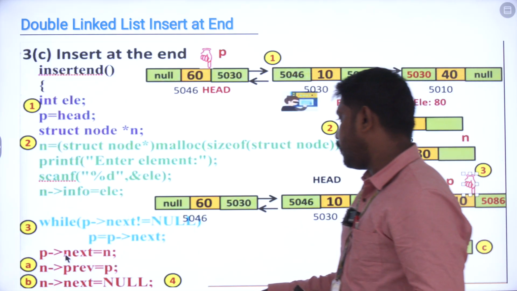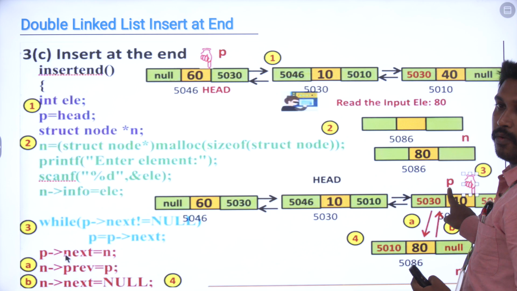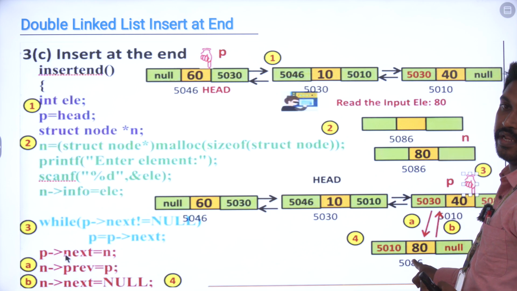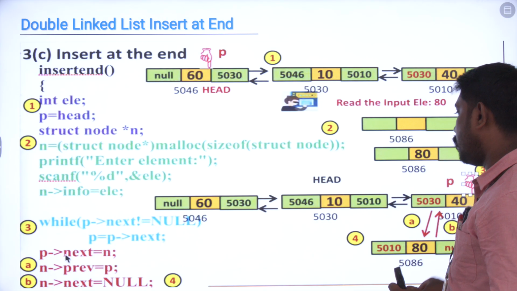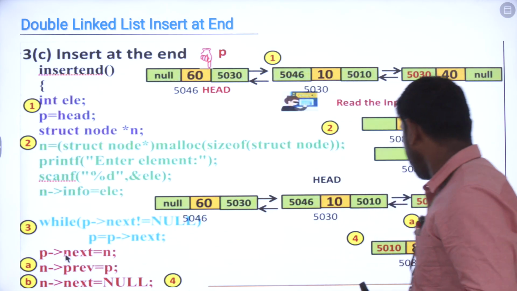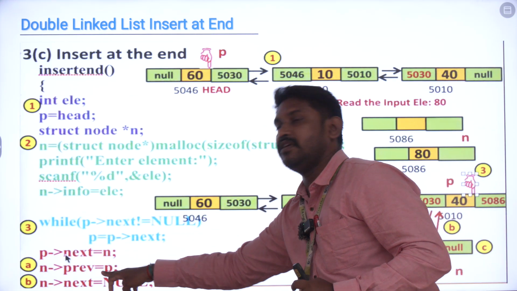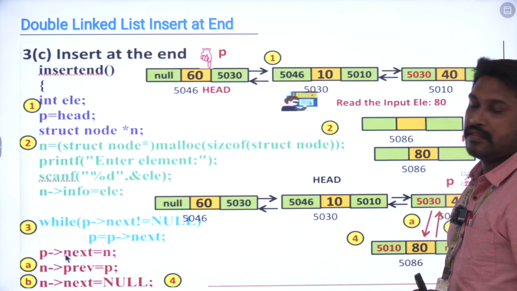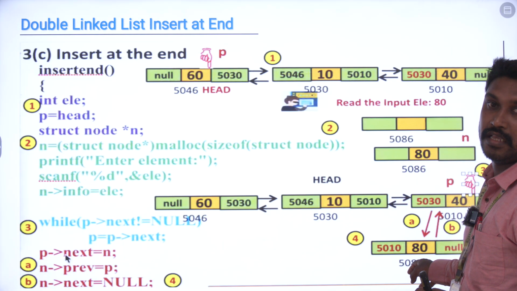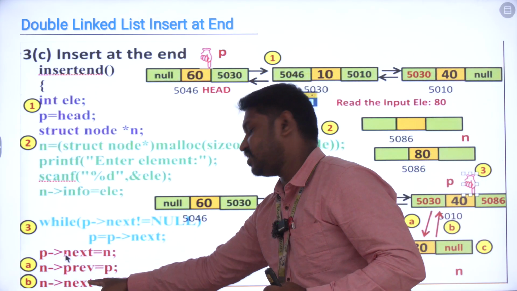Here you can see this is the P node, and this is the new node I am going to insert. The same concept: P of next is equal to n, and n of previous is equal to P. So the connection has been established, and the next of the last node will be null, so n of next is equal to null.